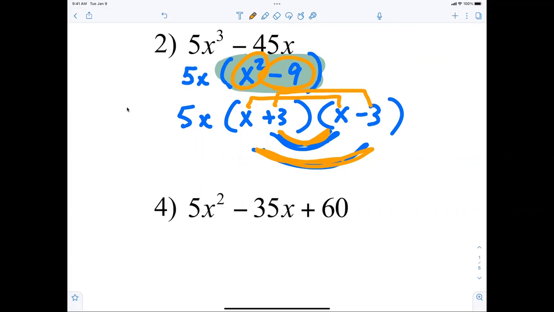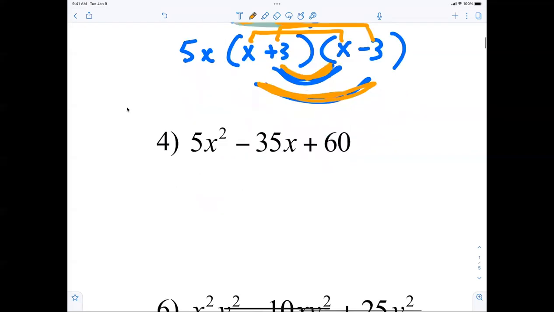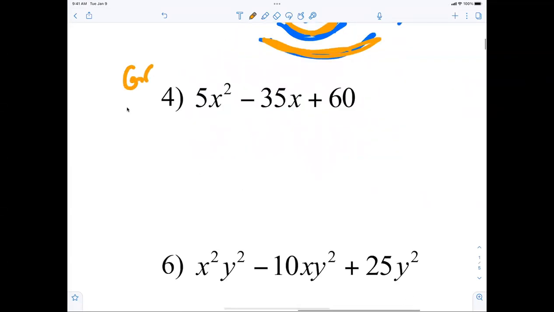All right, so everybody's on number 4 now. Somebody be brave. Tell me what the GCF is. 5. All right, so everybody's writing a 5 down. Divide numbers. So I'm left with x squared minus 7x.